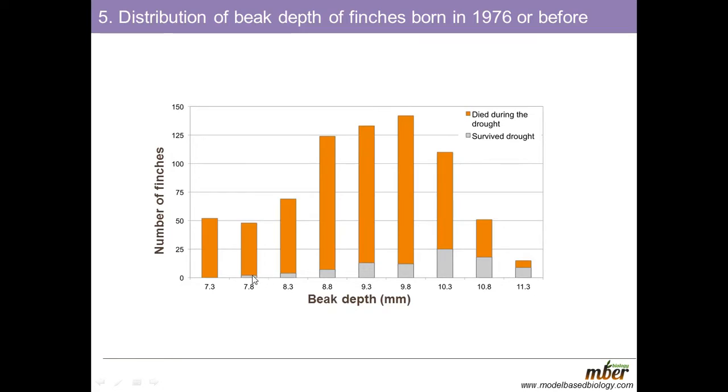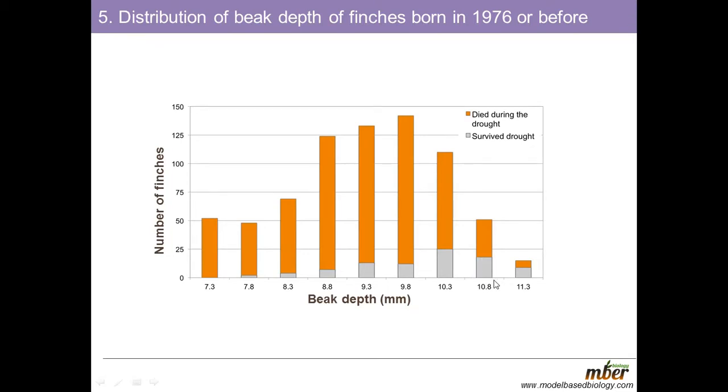And you can see the shift, right? So if you look at what was there, and now you can look at the bigger beak you had, the higher percentage chance you had to survive. So we didn't have that many finches with such a large beak size, but if they did have that beak size, at least 50% of them would survive.